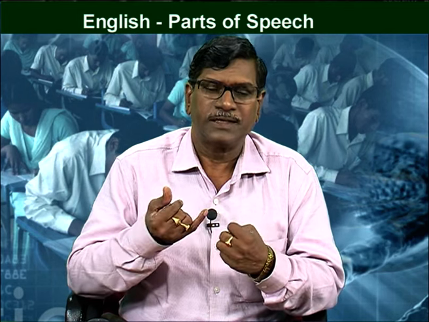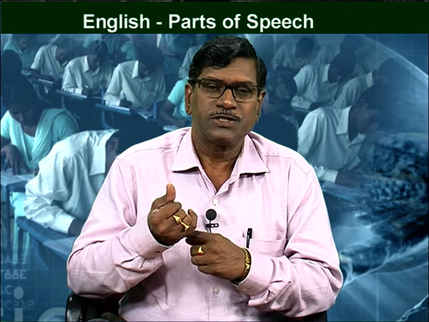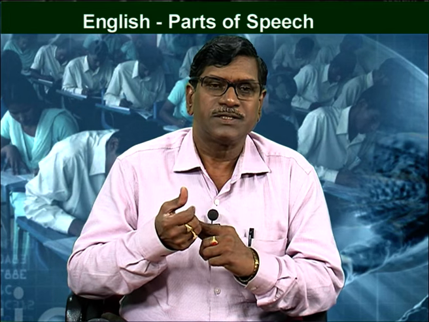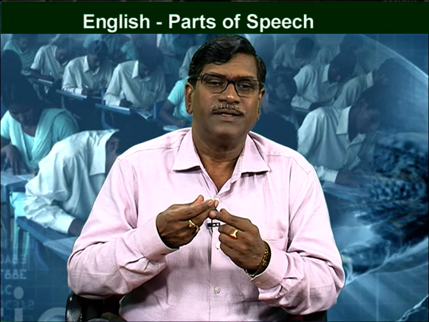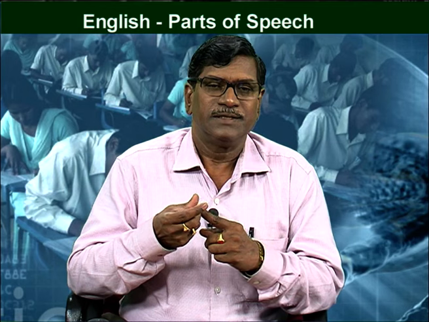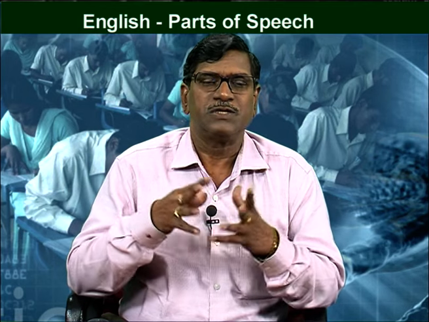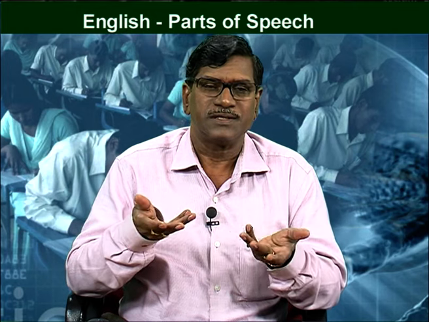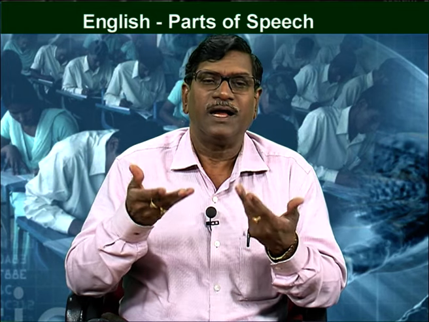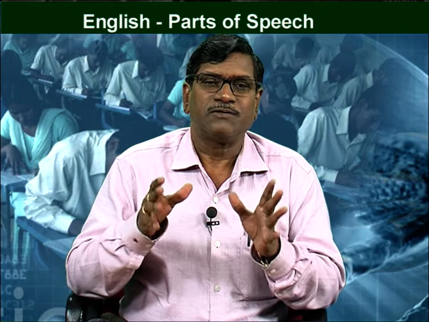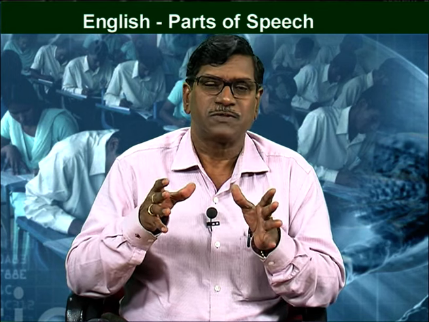Adverbs. Next, prepositions. Next, conjunctions. And finally, interjections. These are the 8 different varieties of words which we use in all sentences, phrases and clauses. So, these are otherwise called parts of speech.